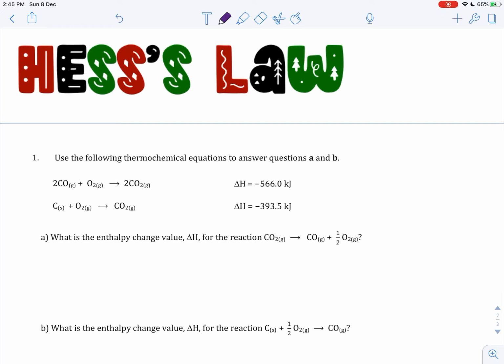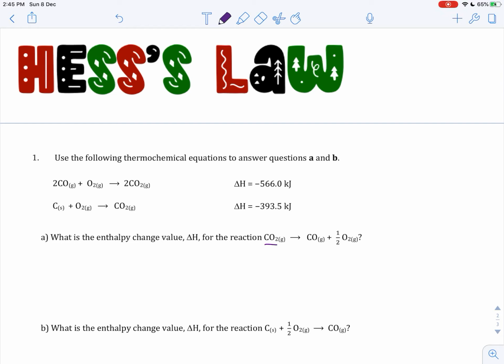Now for question 1, you've been given two different thermochemical equations, and question A is asking, what is the enthalpy change value, delta H, for the reaction carbon dioxide yields carbon monoxide and half an oxygen?